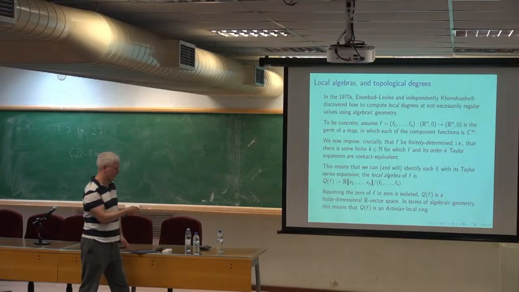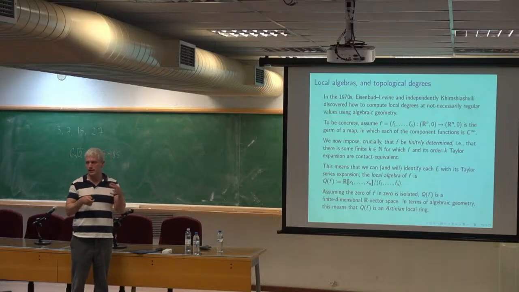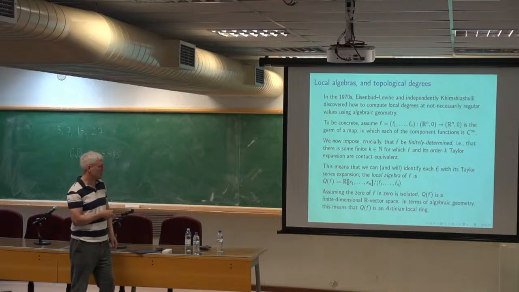Because of this finite determination condition, we can effectively identify the C infinity components of our map with their Taylor series expansions.